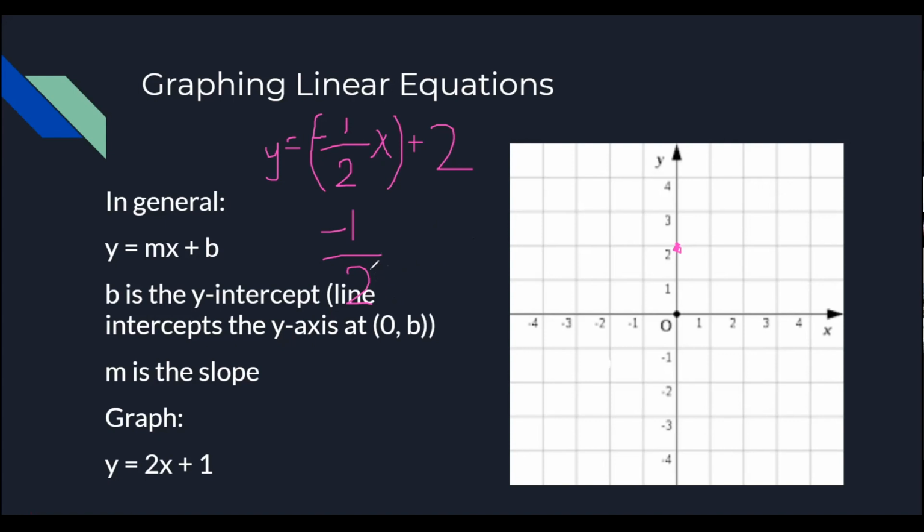Okay, so for every 1 that you go left, how many would you go up or down? Remember, I said for every 1 that you go left, not for every 2 that you go left. So this one is a little bit different.